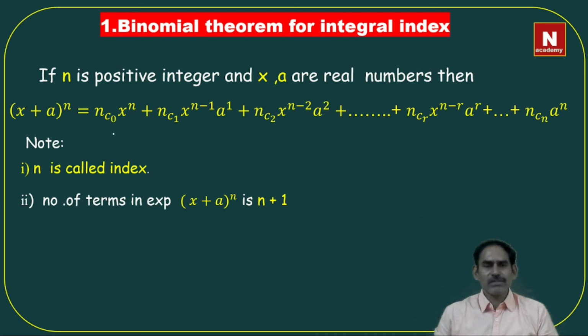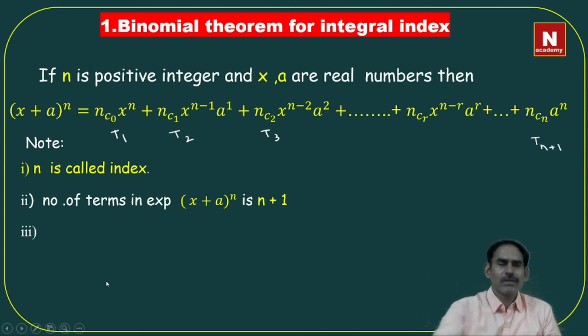Because this is first term, this is second term, this is third term, and so on. Already nC0 is first term. How many terms are there total here? nC1 to nCn means number of terms are n. If you include first term, total number of terms are n plus 1. This is the n plus 1th term.